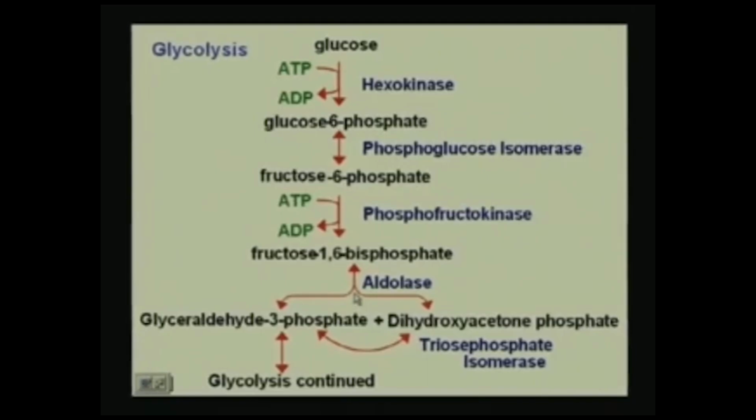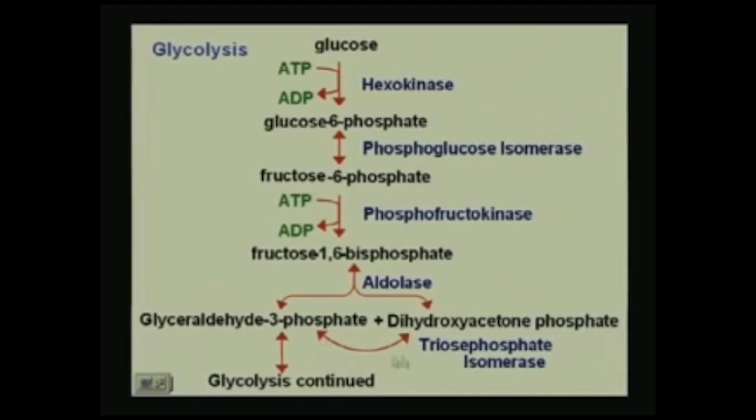Aldolase is what actually breaks up the 6-carbon membered ring into 2 3-carbon membered rings, where we have glyceraldehyde 3-phosphate and dihydroxyacetone phosphate.